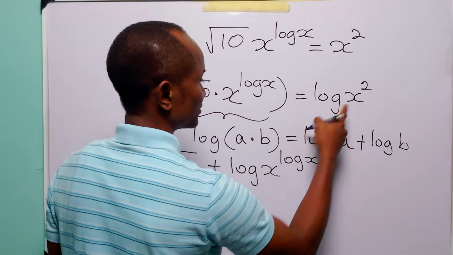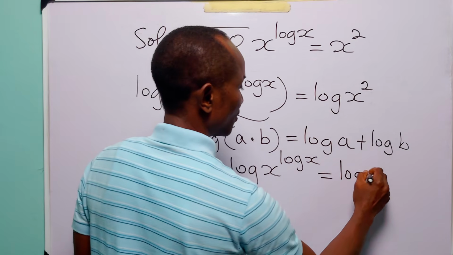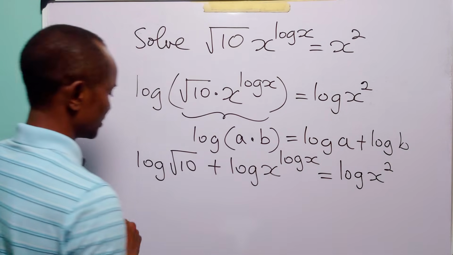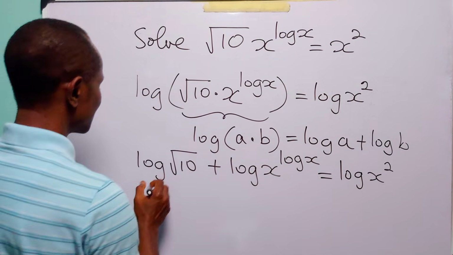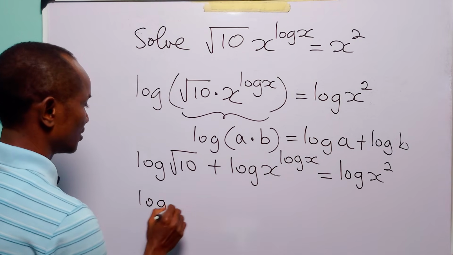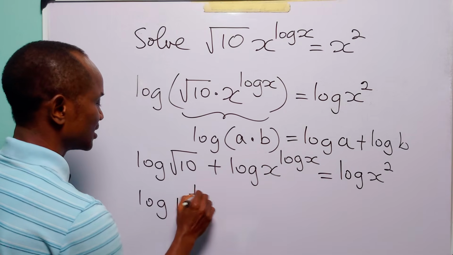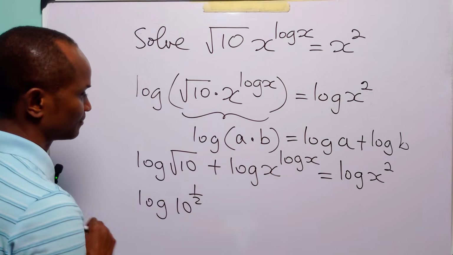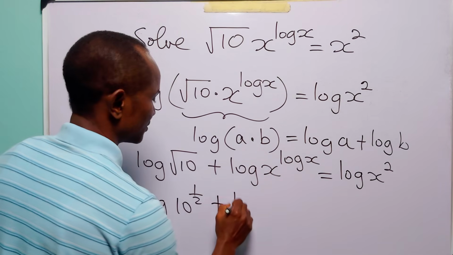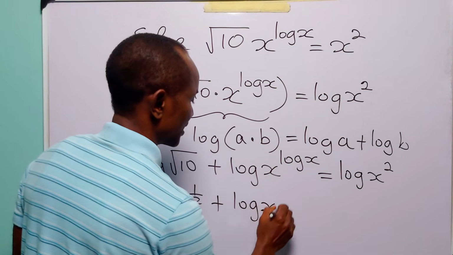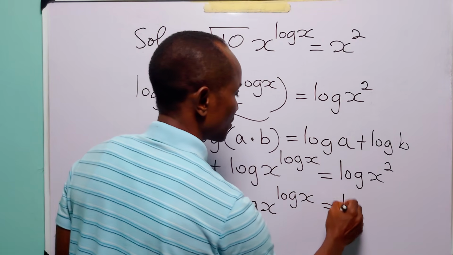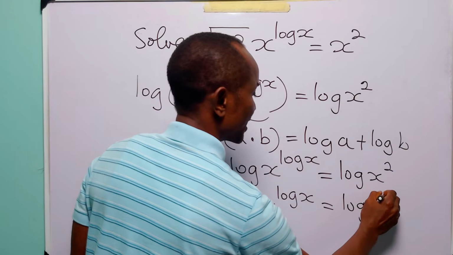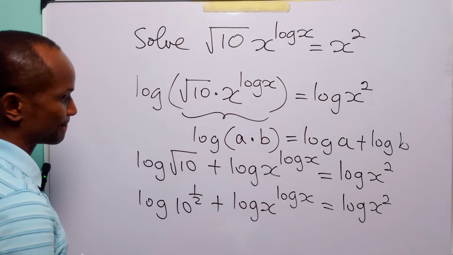And of course, this is still equal to log x squared. Now, let us remember that root 10 can also be written as 10 to the power half. And here we have log x to the power log x, and this is still equal to log x squared.